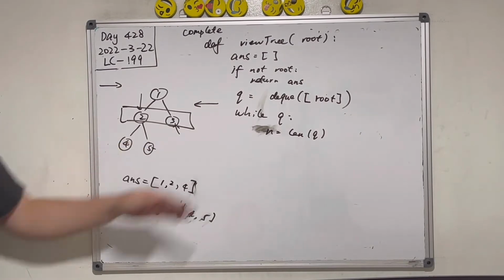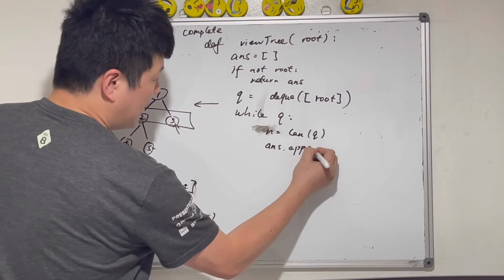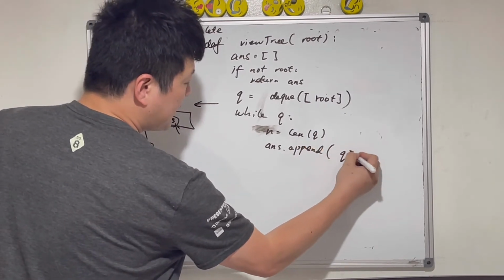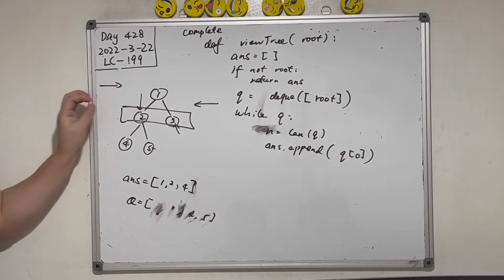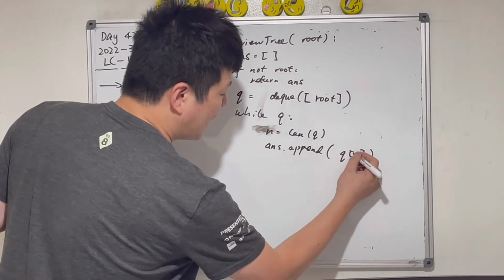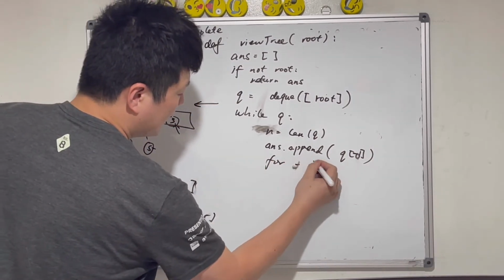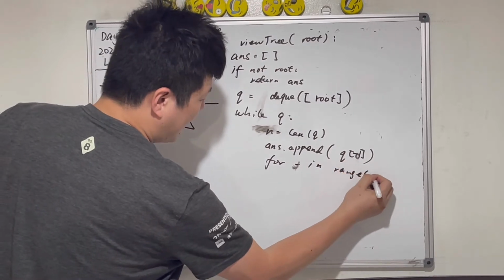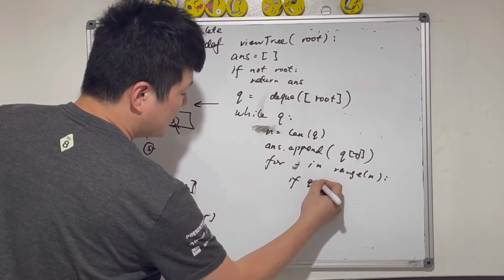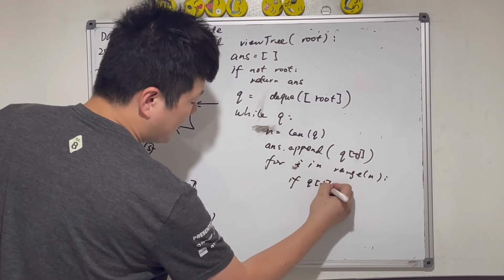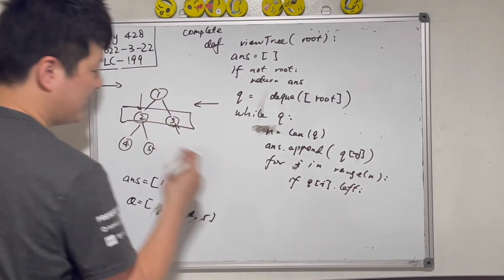So now I append to the answer Q[0], if you want to retrieve the first node, or Q[-1], which is the last node. And then for i in range n, and if Q[i].left, if it has the left kid, then we put the kid in.